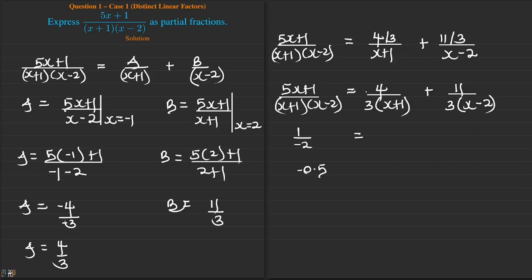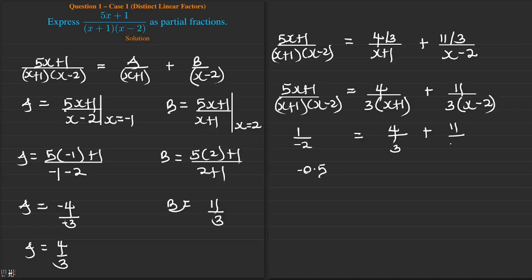Now let me substitute x as 0 here as well and see if I'll get the same answer. So I have 4 over 3 times, this is going to be 0 plus 1, which is 1. So 3 times 1 gives me a 3. Then plus, we have 11 over, we have 0 minus 2 gives us a negative 2.